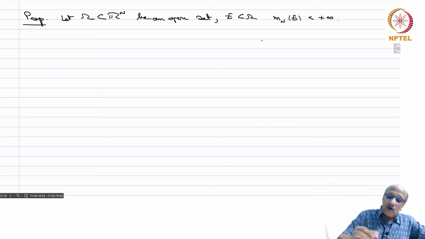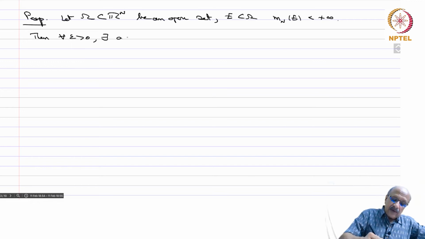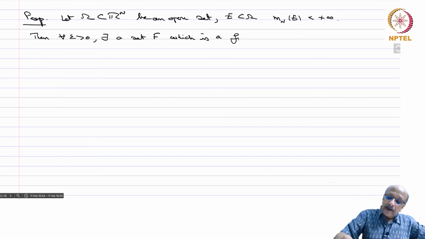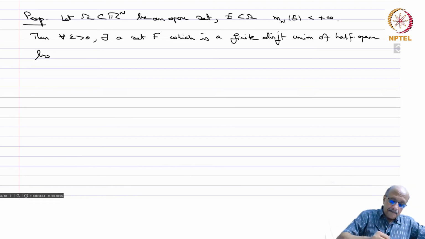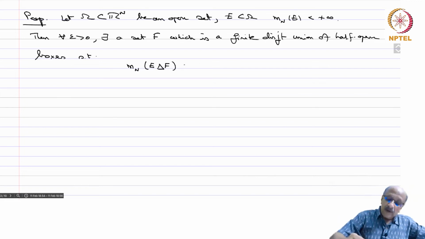When I say Mn of E, automatically I mean that the set is measurable. Then for every epsilon positive, there exists a set F which is a finite disjoint union of half open boxes such that Mn of E delta F, delta is a symmetric difference, is less than epsilon.